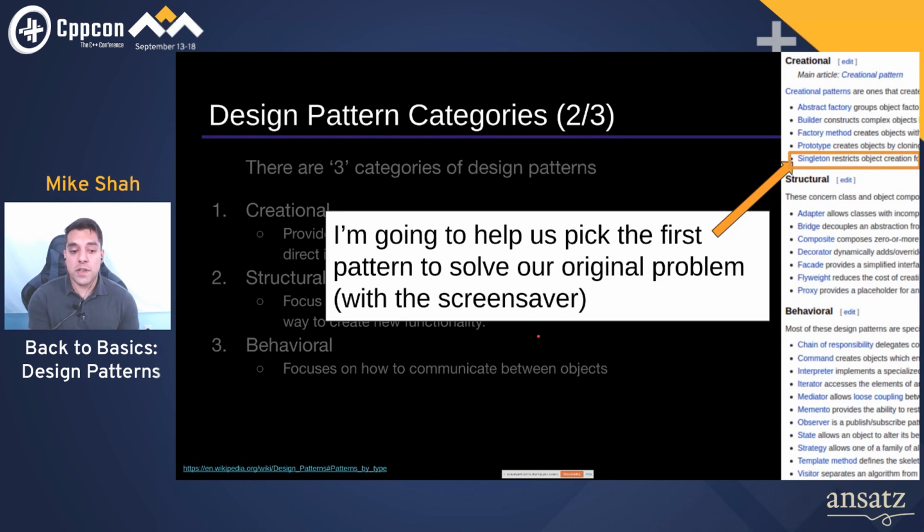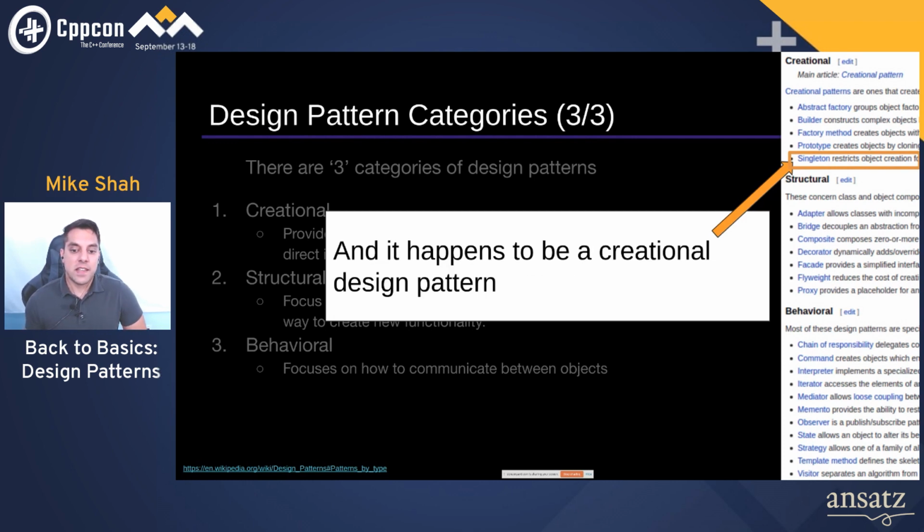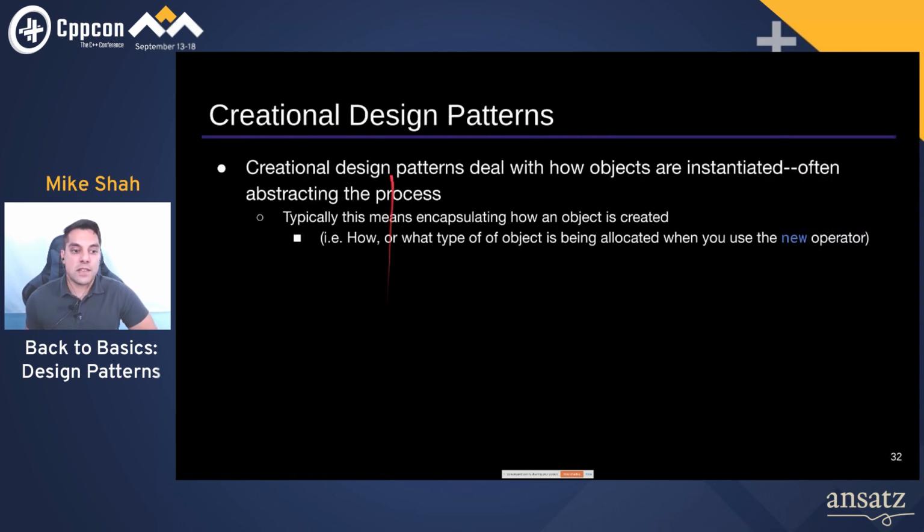Okay, so I'm going to help us pick the first pattern to solve our original problem with our screensaver for the job that we've been hired to do. And this first one is a creational design pattern. Creational design patterns, again, deal with how objects are instantiated, often providing some sort of abstraction in the process.